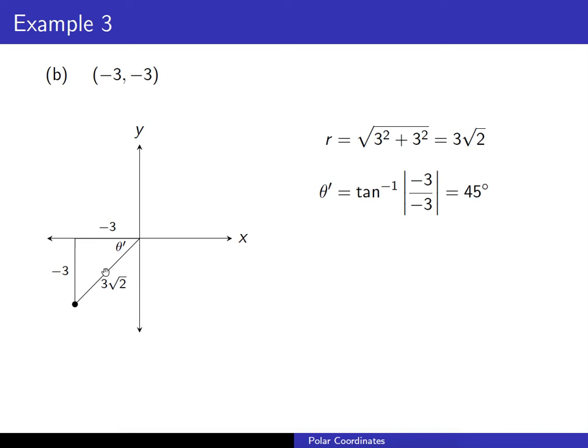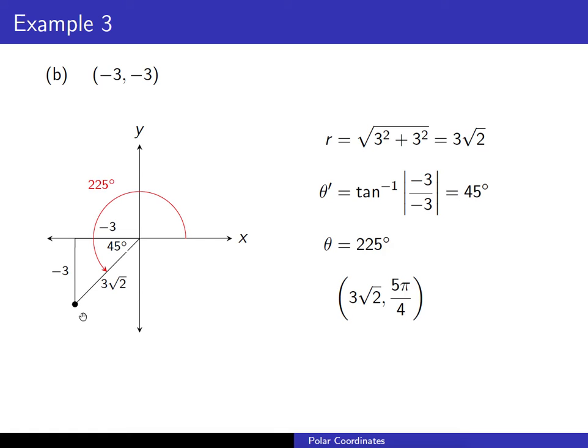So using theta prime, we'll do the inverse tangent of 1, because negative 3 over negative 3 is 1. That gives us 45 degrees for our angle, which means that we rotated 180 plus another 45 degrees. Our total amount that we rotated then is 225 degrees, or in terms of radians, 5 pi over 4.